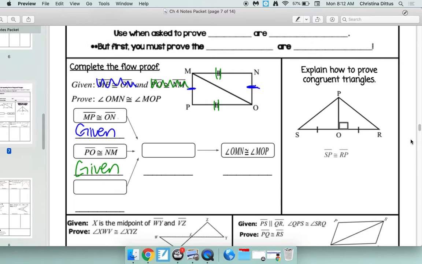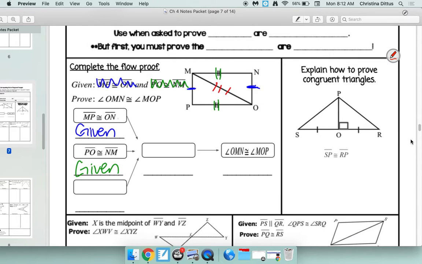Alright, so the first thing I need to do is prove that my triangles are congruent. Okay, you'll notice I'm out of my given. So I look at my picture. And what do I notice in my picture? How do I know that? It's reflexive. They share that line. They share this MO.